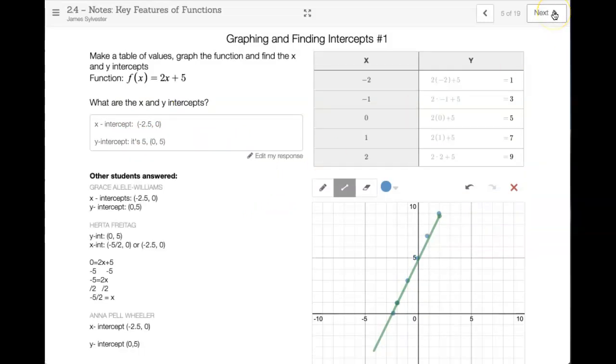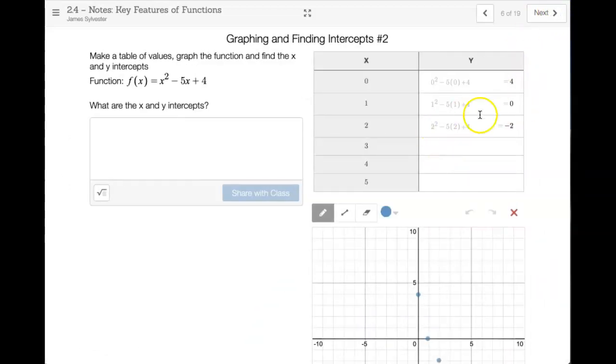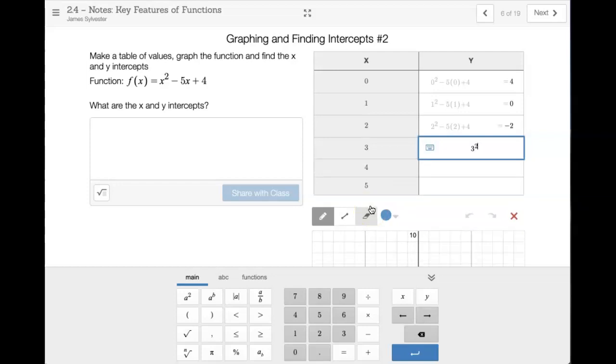I'm going to go to the next one. So I started plugging in on this one, and I'm going to continue using the function x squared minus 5x plus 4. In this case, plug in a 3, so 3 squared minus 5 times 3 plus 4, and then just press enter and it calculates it for you.